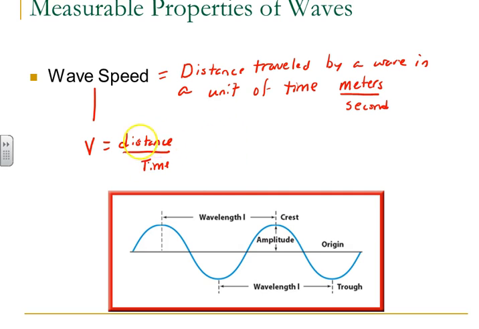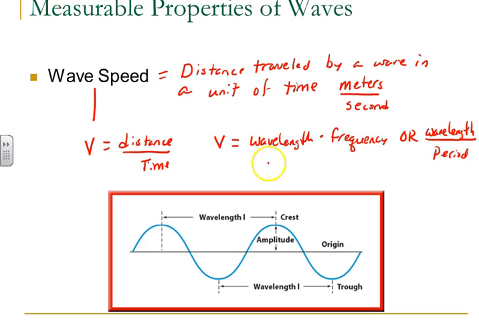The other way of putting it in terms of wave features is speed is equal to wavelength times frequency, or wavelength per period.